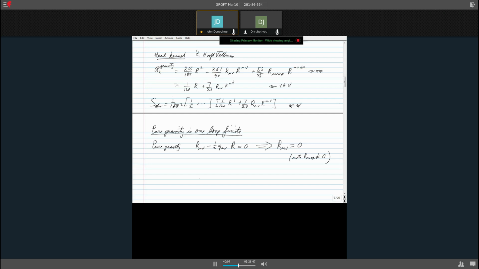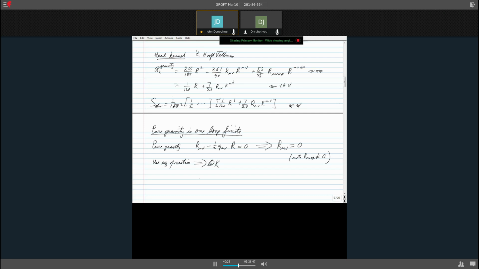So both these statements are true. You do the one loop integral, you get a divergence, yet pure gravity is one loop finite. And the argument is the following.